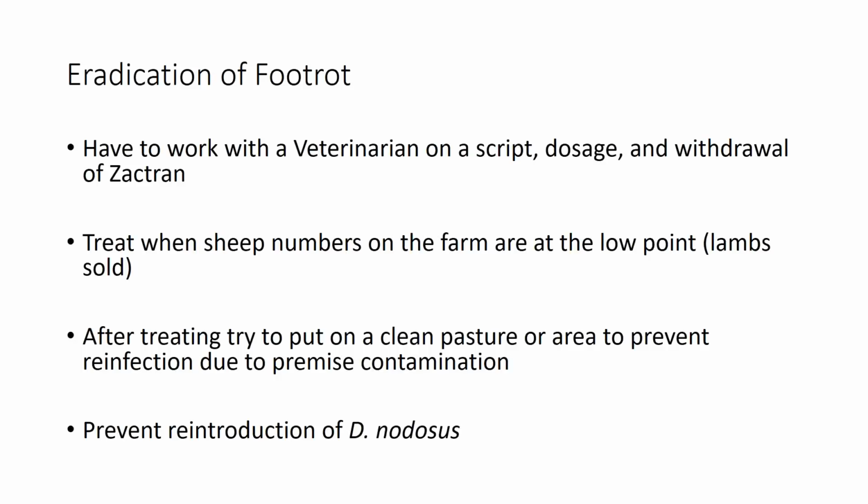Still, I think it'd just be smart to do that. And then the big one: once you do this and you get a clean flock, really up your efforts to try to prevent the reintroduction of the nodosus bacteria.